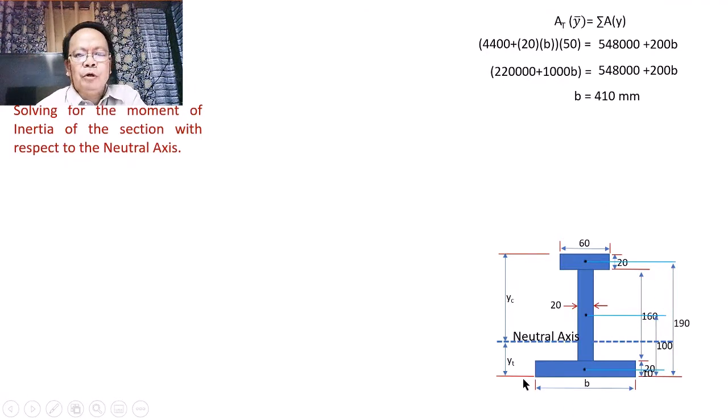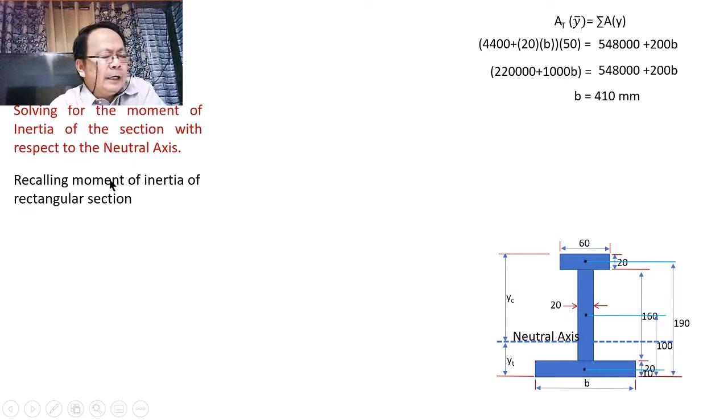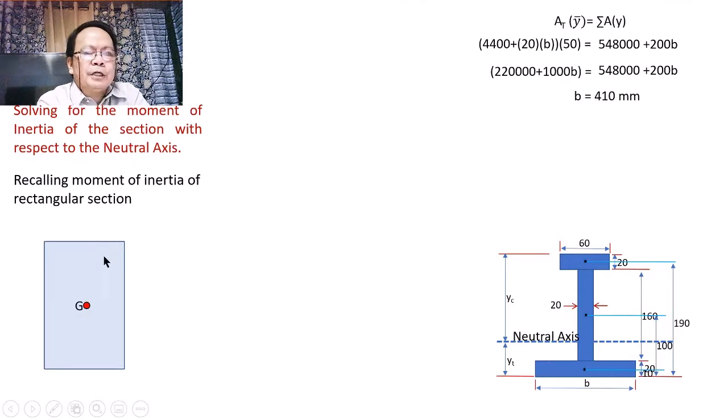And how are we going to do it? Now, gusto kong i-recall natin yung ating konsepto about moments of inertia, particularly kapag meron tayong rectangular section. Halimbawa, meron tayo ditong rectangular section, na kung saan ito yung kanyang centroid. Ang dimension ng rectangle is b, ang kanyang width, at ang kanyang depth ay d.